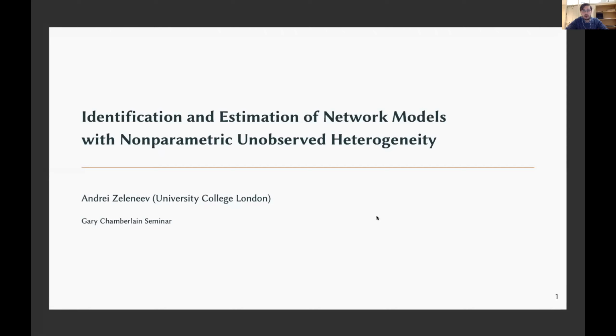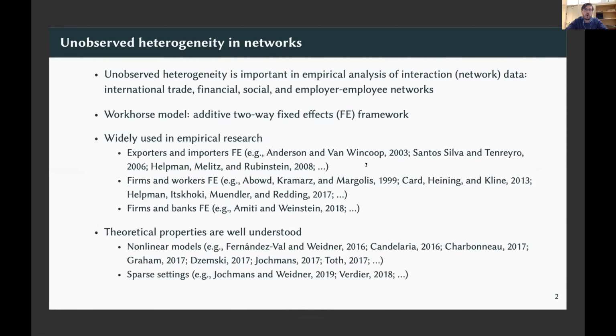I'm going to talk today about identification and estimation of network models with flexible forms of unobserved heterogeneity. It is well known that it's important to properly account for unobserved heterogeneity in microeconometrics in general, as well as in the analysis of network and interaction data in particular.